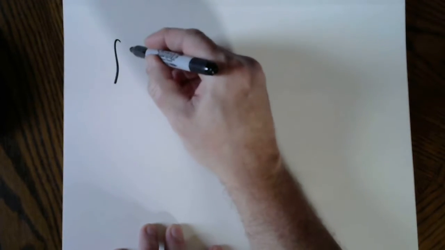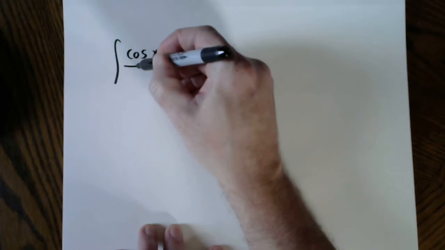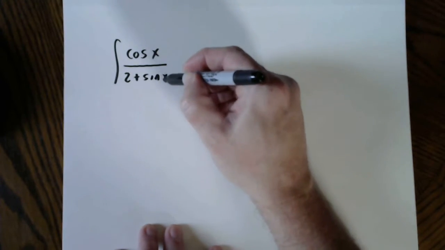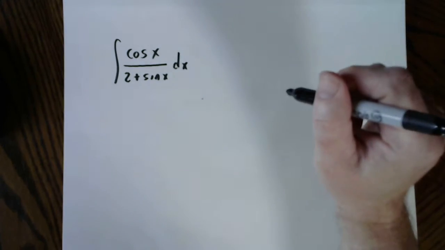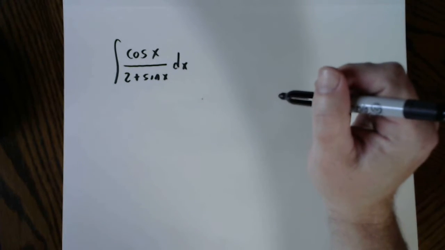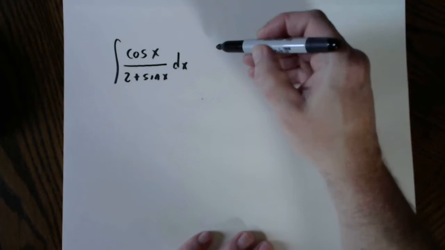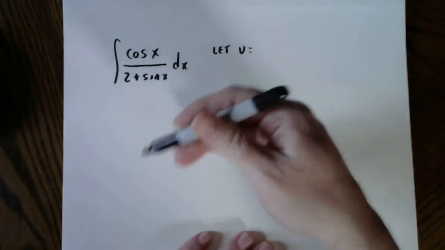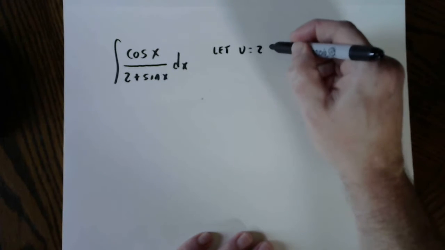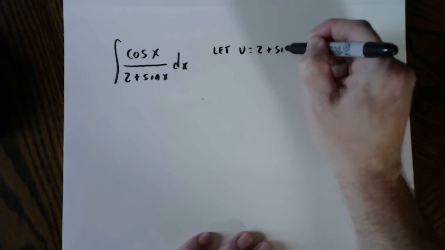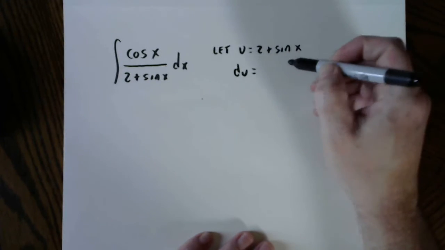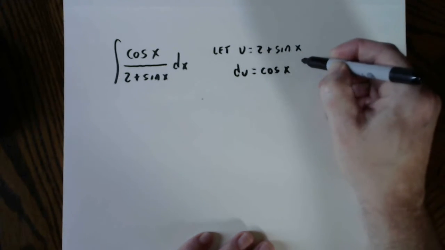Integrate. Okay. You're probably going to see a similar pattern here for many of these problems. Let's make this the bottom. So then du will be cosine x dx.